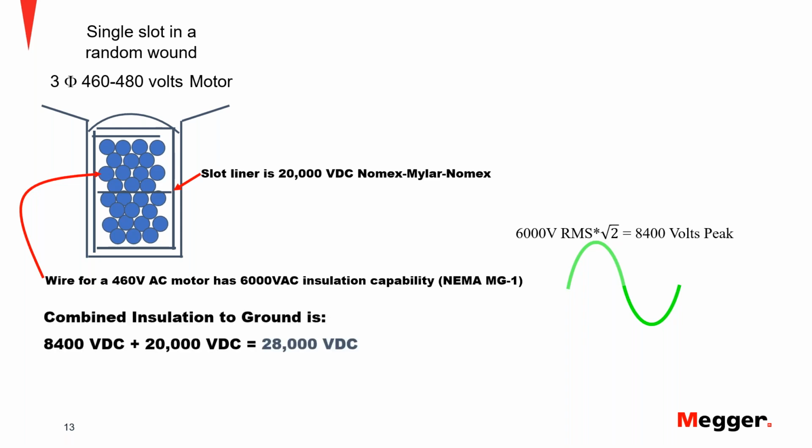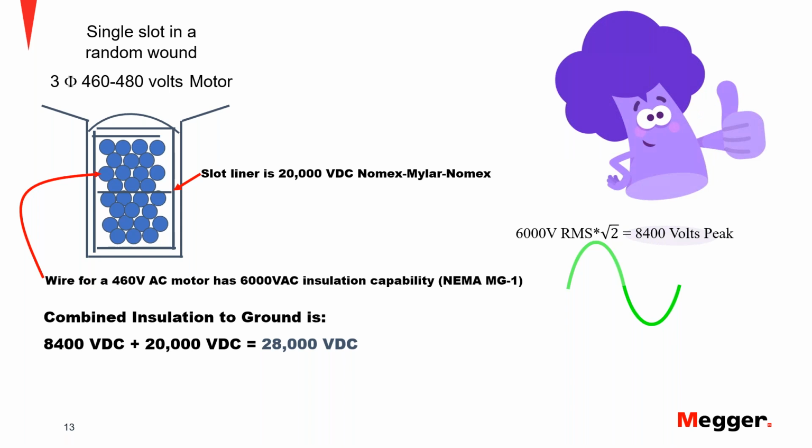So combined, we can say that the insulation to ground of this machine is going to be around 28,000 volts DC, which means that when the machine is built, the capacity of the machine to support voltage is way, way higher than the nominal voltage that we are going to inject into that machine.